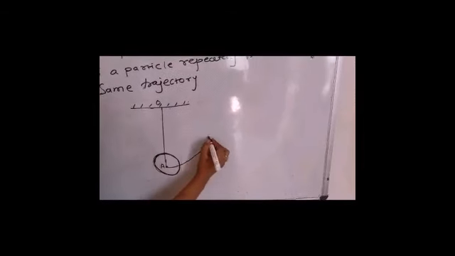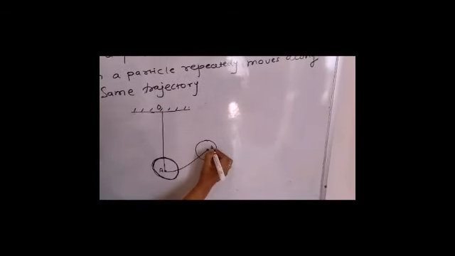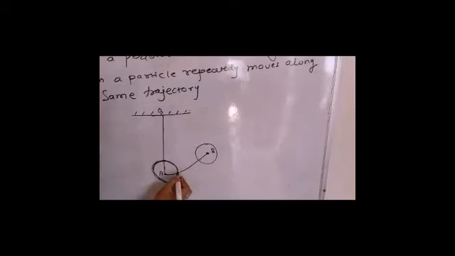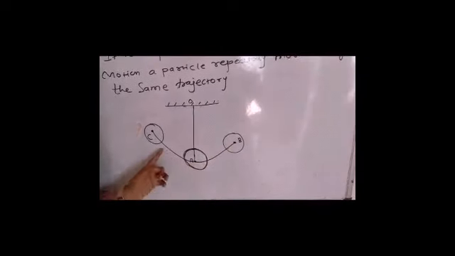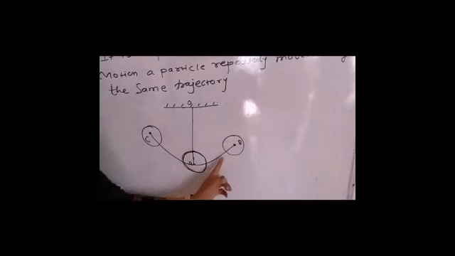Now, this bob moves from this position B, from B to A, and now from A to C, and then C to A. That means that the bob is moving along the same path again and again.